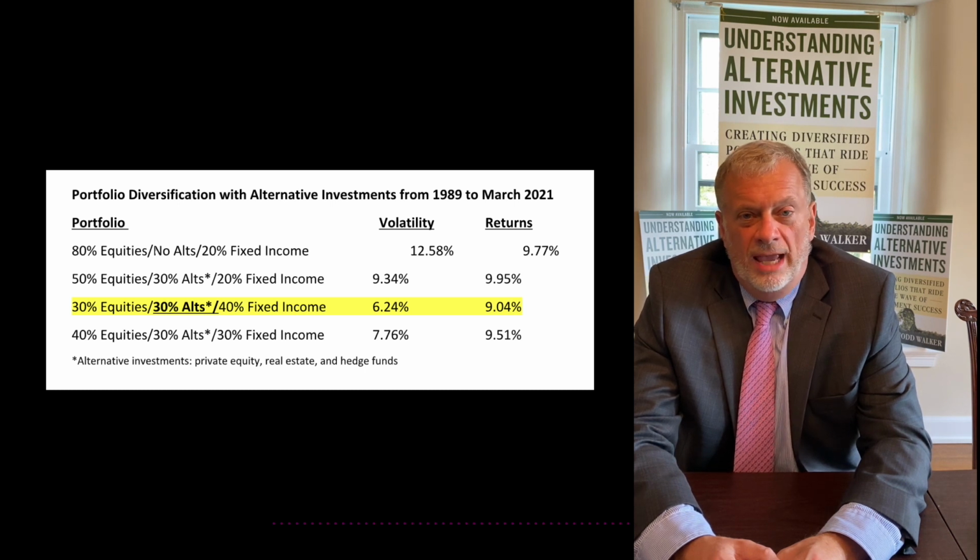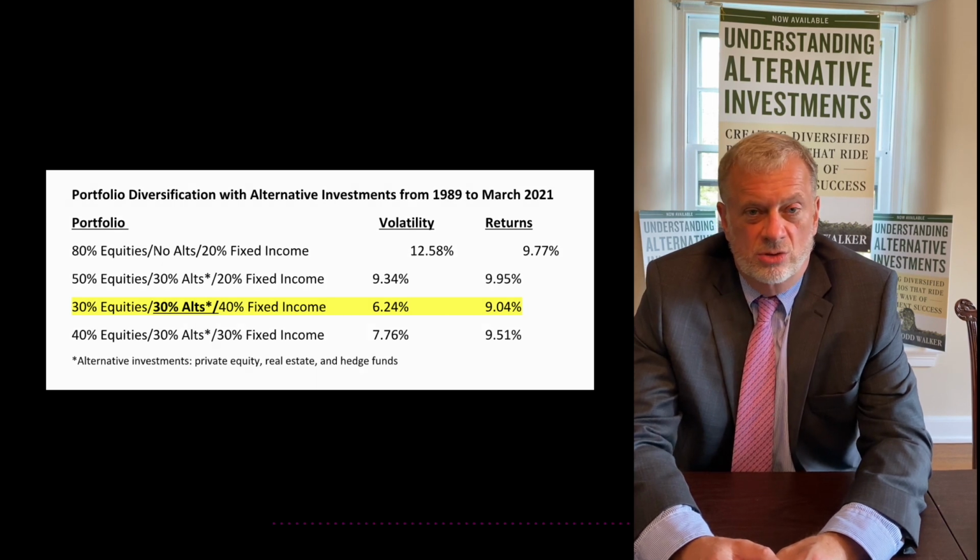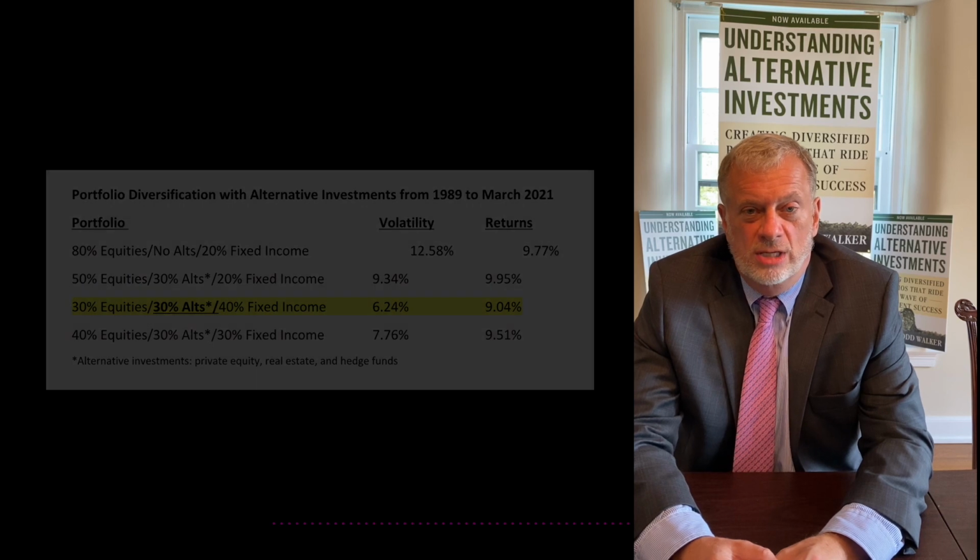There's different combinations. There's different strokes for different folks. How much to add in alternative investments depends on a lot of variables. How much you have in savings, how much risk you want to incur, what is your income, a whole bunch of risk factors and different factors that you should take a look at.